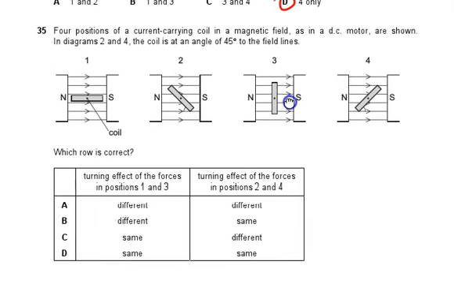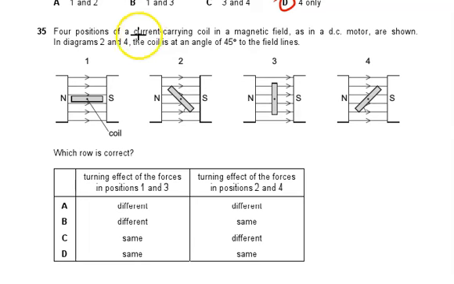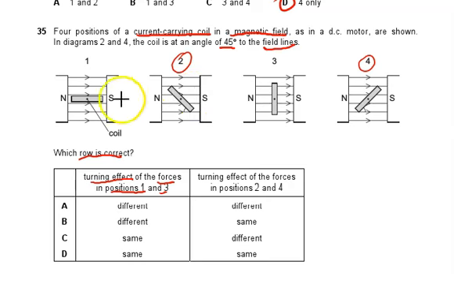Okay, number 35. A portion of the current carrying coil in a magnetic field as in a DC motor is shown. Diagrams 2 and 4, the coil is at 45 degrees to the field lines. So which row is correct? The turning effect of the force in positions 1 and 3 will be different from the turning effect in positions 2 and 4.